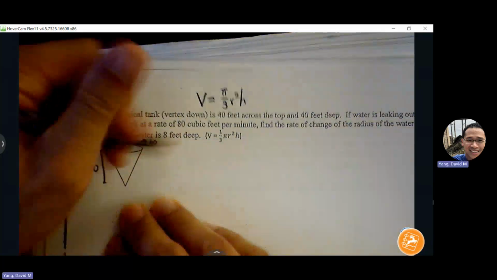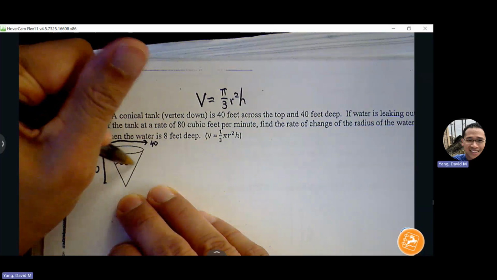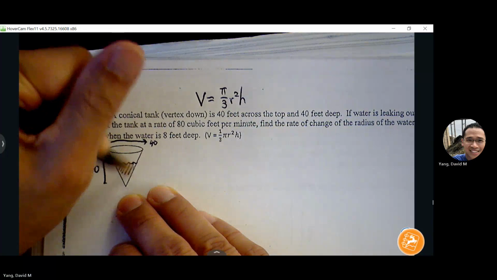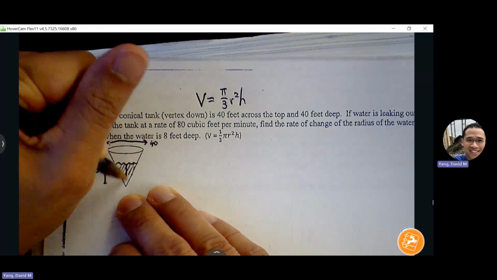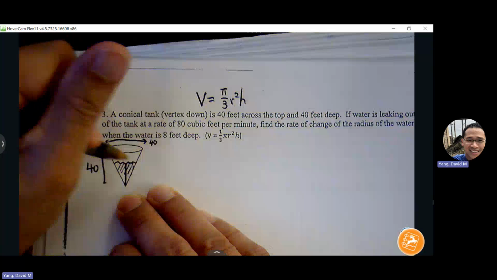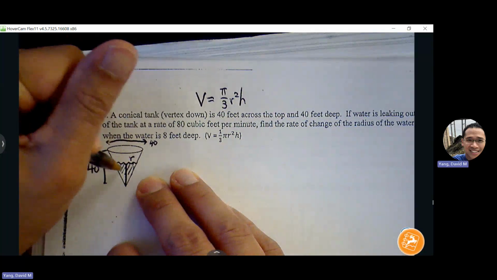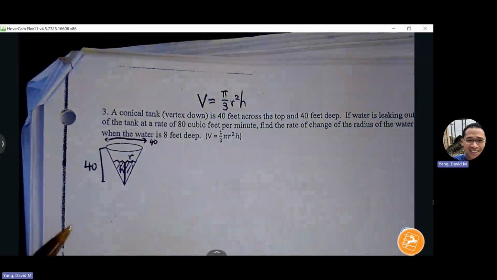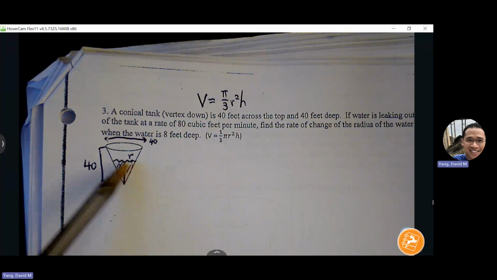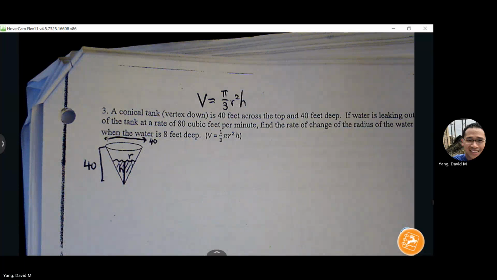And there's water inside the tank. But can we agree that the radius and the height of the cone formed by the water is always changing? So you can imagine as water is getting drained from the tank, that the radius of the inner cone is going to decrease.